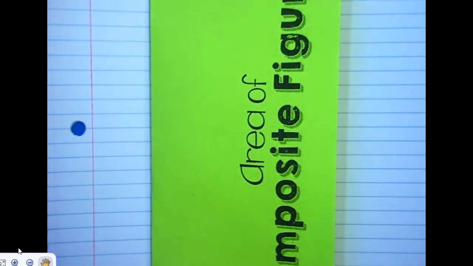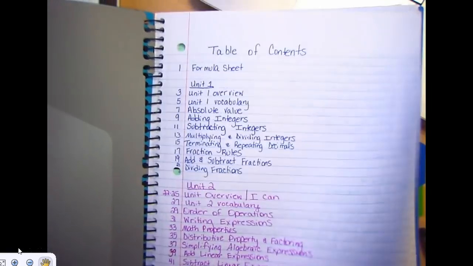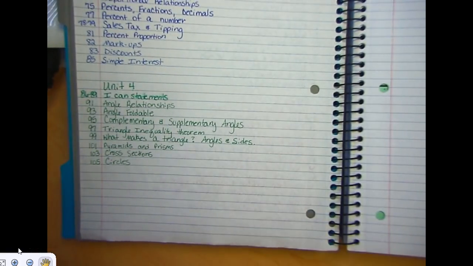So just fit it on page 107 and then put it in your table of contents. Area of composite figures.